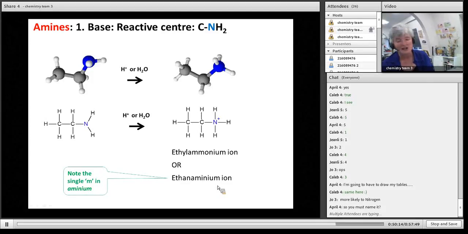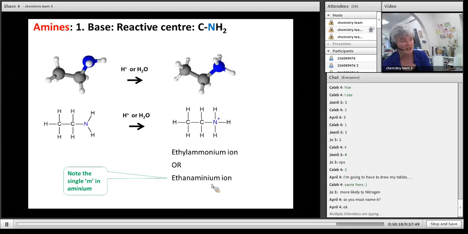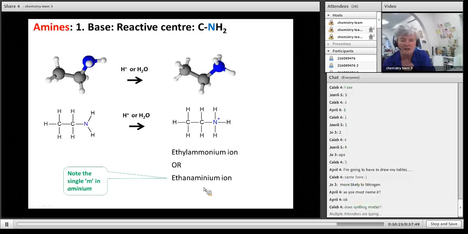So April, I really don't think you have to know how to name it, quite frankly. I've never seen it come up directly that you have to give the name in a reaction scheme. I'm just pointing out the spelling, but you're not going to get marked down if you made it with a double M here. Okay.